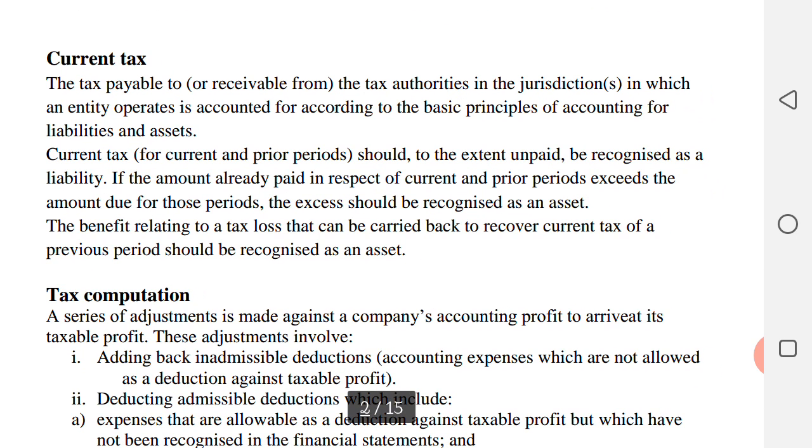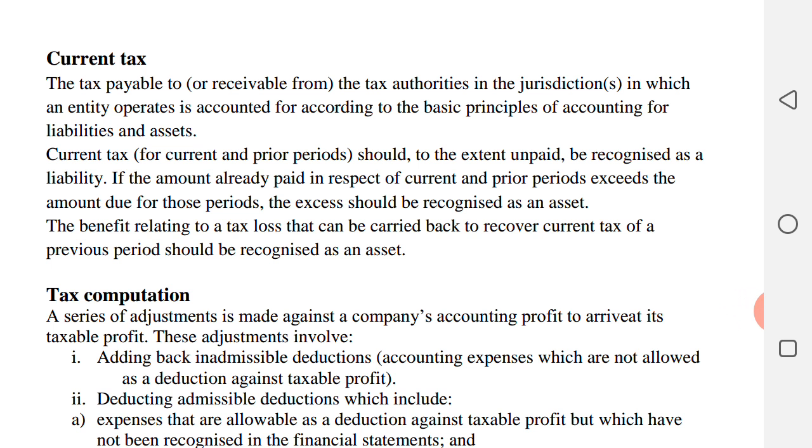Now let's talk about current tax. The tax payable to or recoverable from the tax authority in the jurisdictions in which an entity operates is accounted for according to the basic principles of accounting for liability and asset. The current tax for current or prior period should, to the extent unpaid, be recognized as a liability.